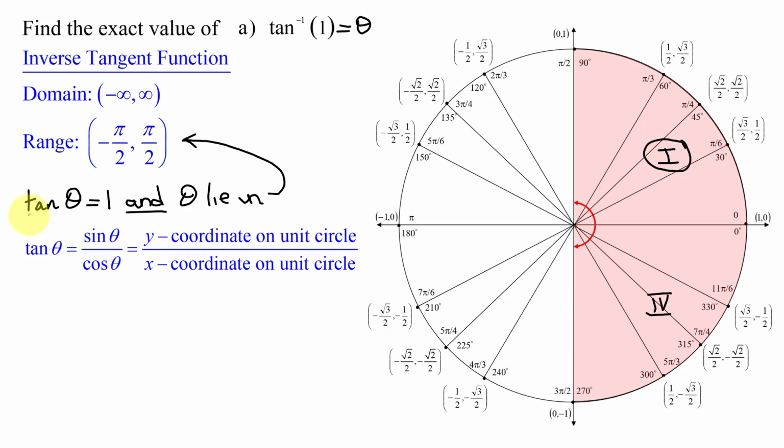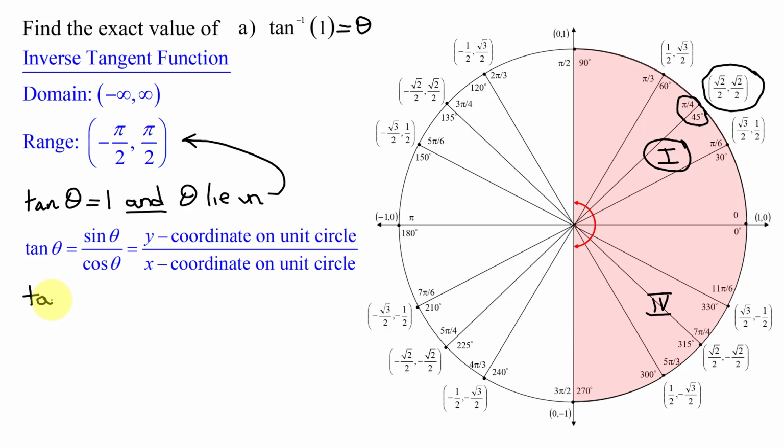As the tangent of theta equals +1, this means the x and the y coordinates have to be identical. And when does that occur in quadrant 1? It occurs right here, where the x and the y coordinate are both the square root of 2 divided by 2. Here's the angle that produces that result.